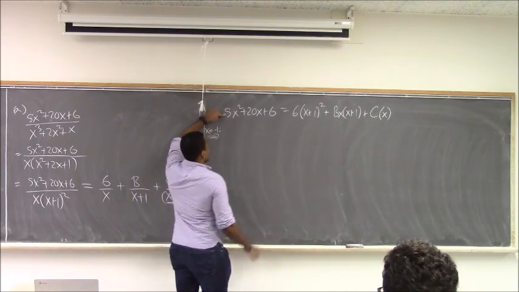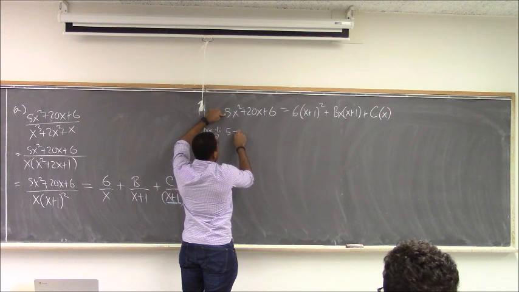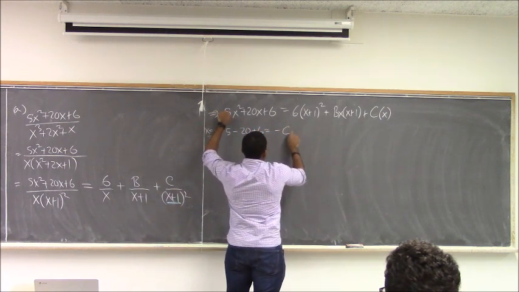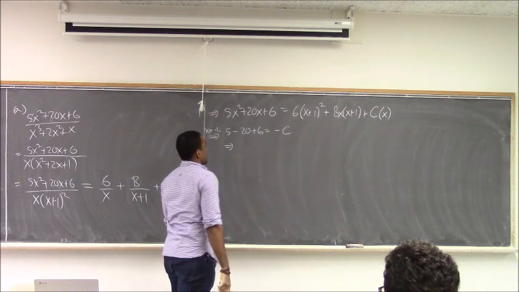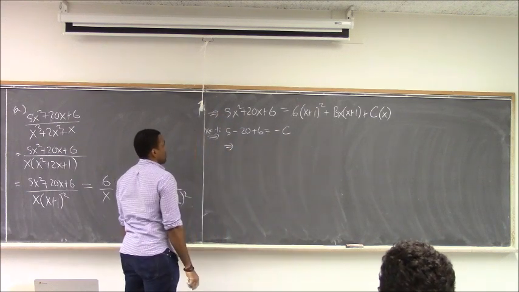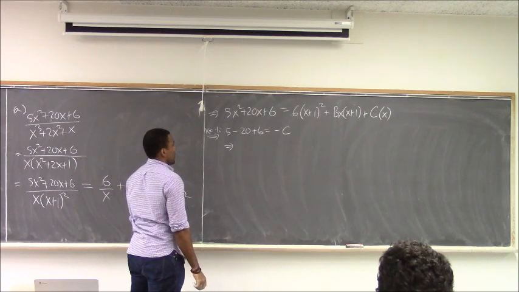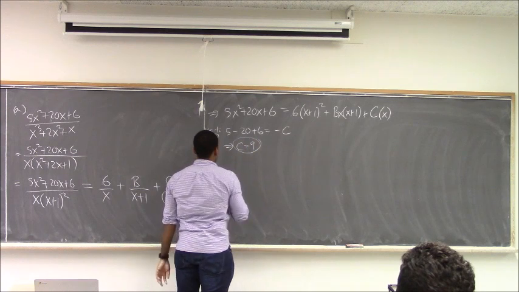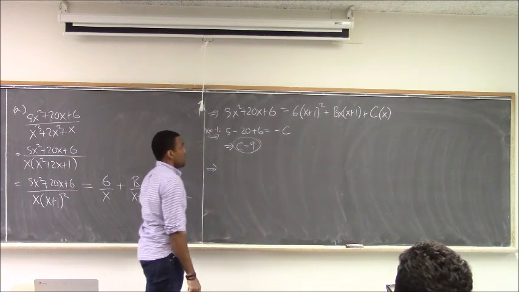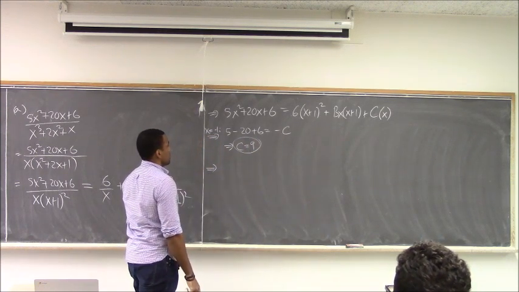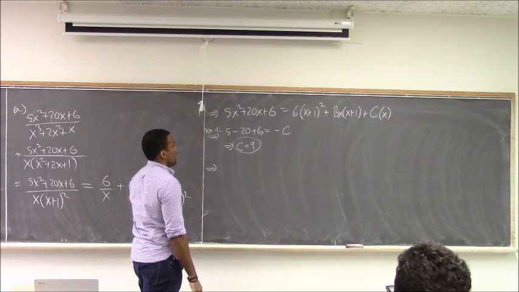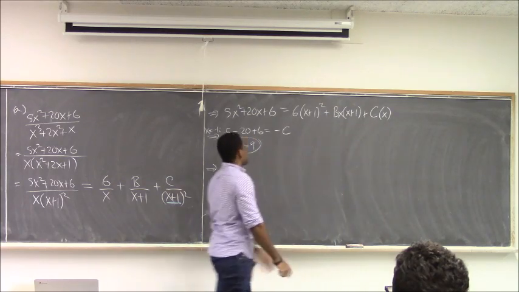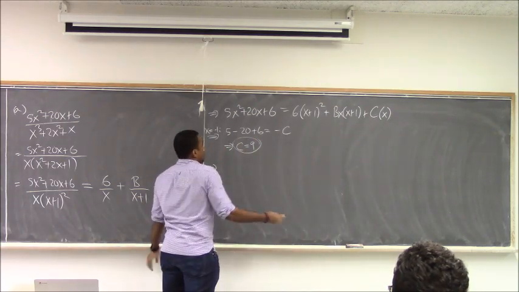This is going to be 5 minus 20 plus 6. That's just going to be minus C. So what is that? C is going to be 9. Then what are we going to do for the other one? x equals 0 is not going to help. That's going to kill B and C. I want something that's going to let B live. What about 1?